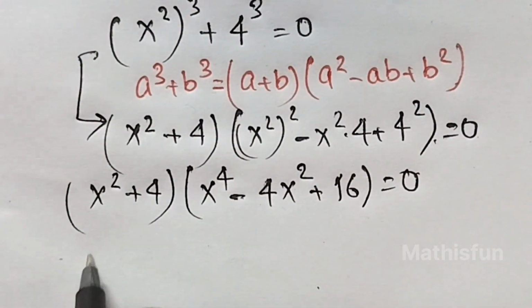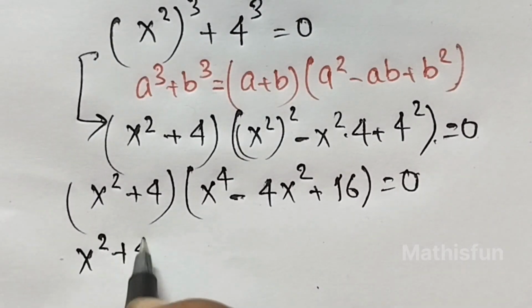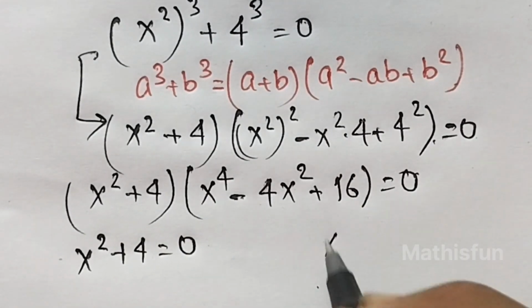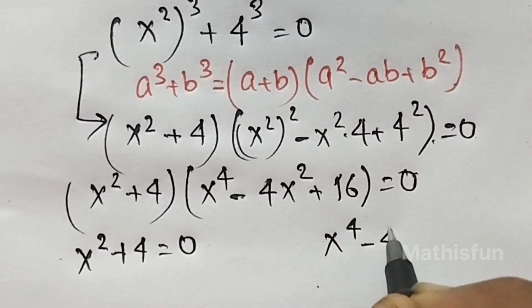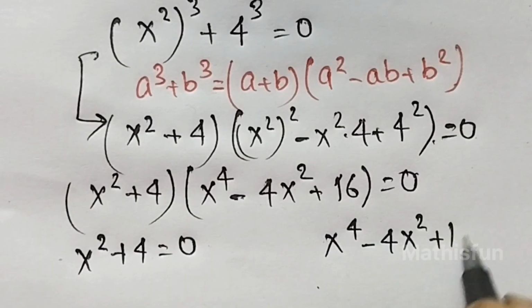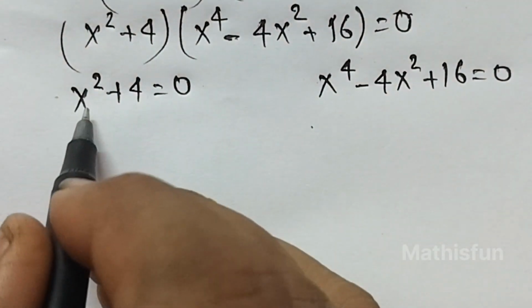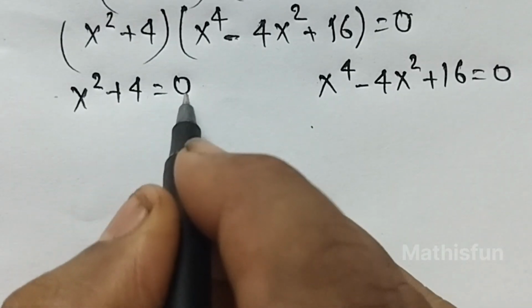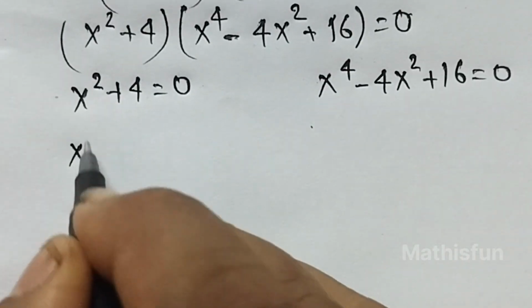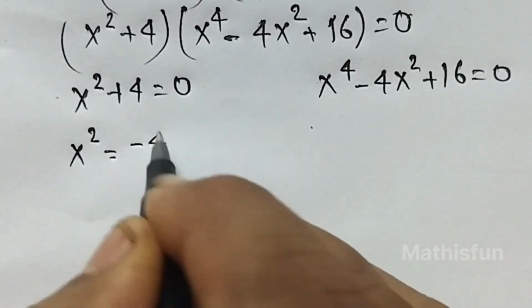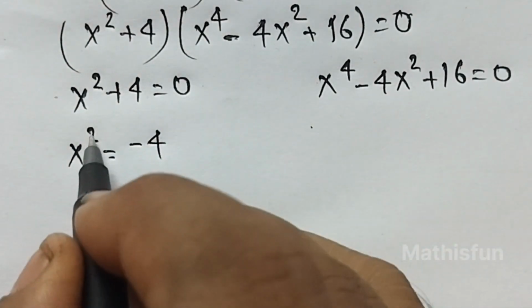Now we have two equations, that is x square plus 4 is equal to 0 and x to the power 4 minus 4x square plus 16 is equal to 0. In this case we will take this 4 to the right hand side, so x square is equal to minus 4.